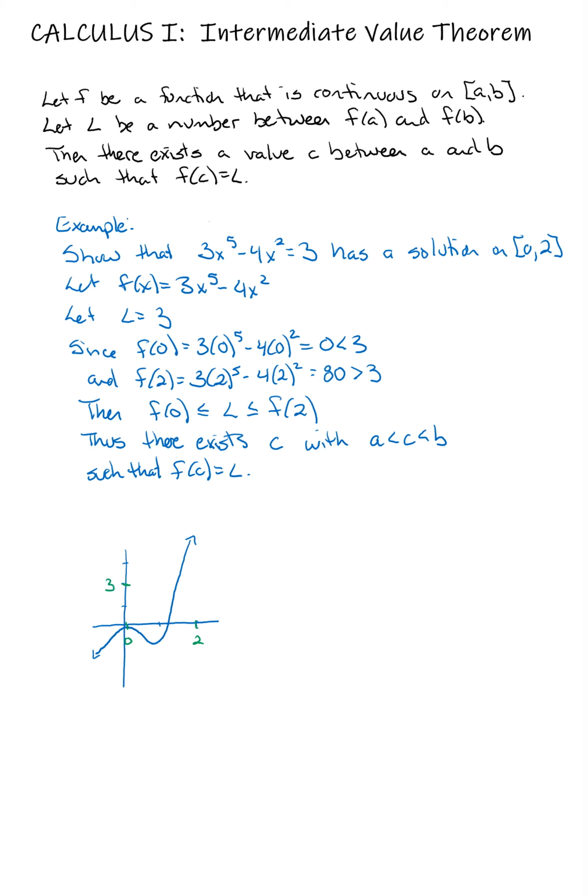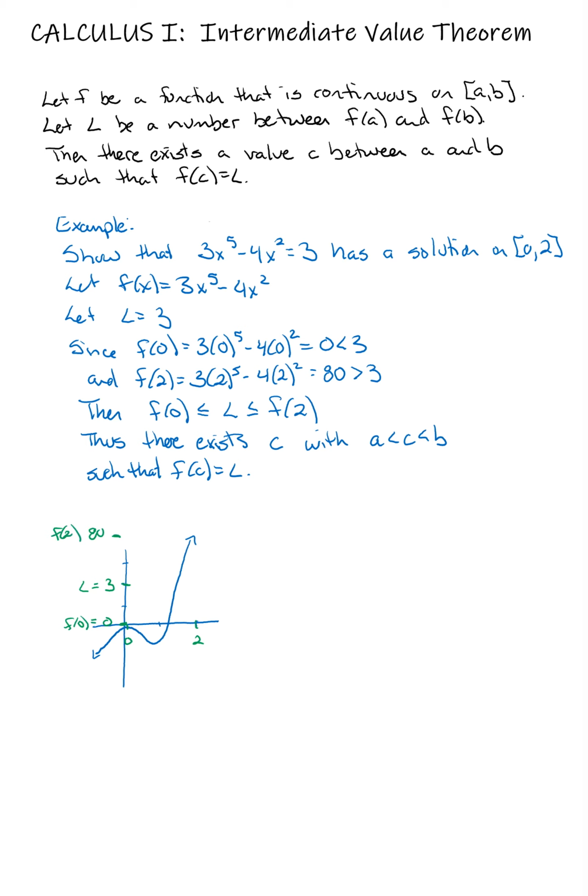There's our 3. That's L. And the next thing we did was calculate f of 0, which was 0. And we calculated f of 2, which was way up here, it's 80.